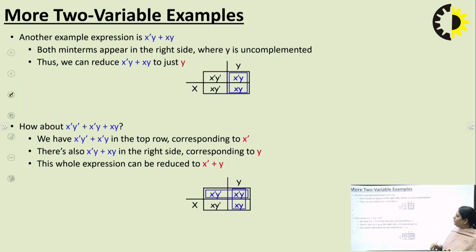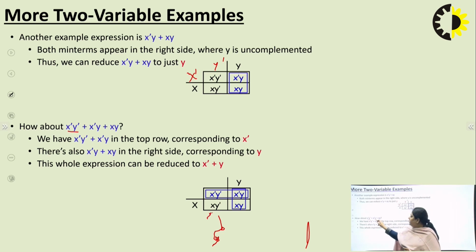How? See. Now another example we have taken here is x dash y plus xy. To represent it, we have made again a K map, with x dash, this is y dash, and here are the two terms x dash y and xy. Now what about x dash y dash, x dash y and xy?